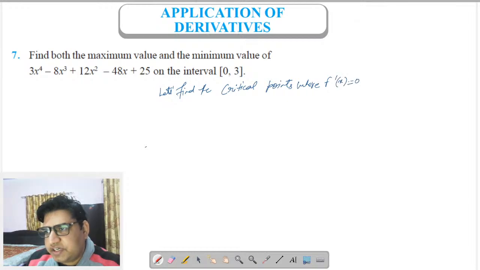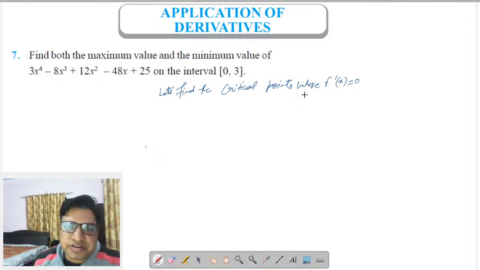So guys, we need to find out all the points where f dash x is equal to 0, which are the critical points or the turning points of the given equation.